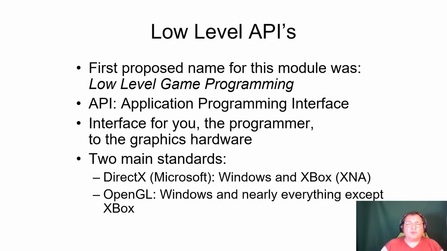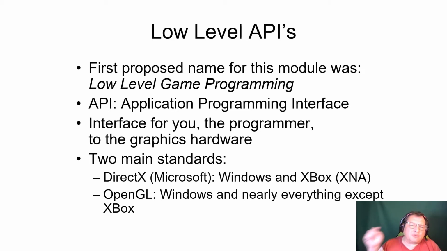First proposed name for this module was low-level game programming. So we will be looking at 3D graphics or game programming at a very low level, close to graphics hardware. We'll be considering the API, which stands for Application Programming Interface.